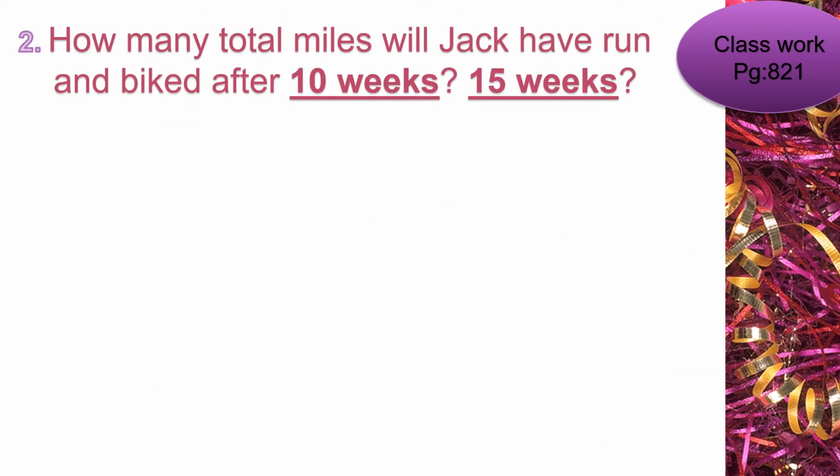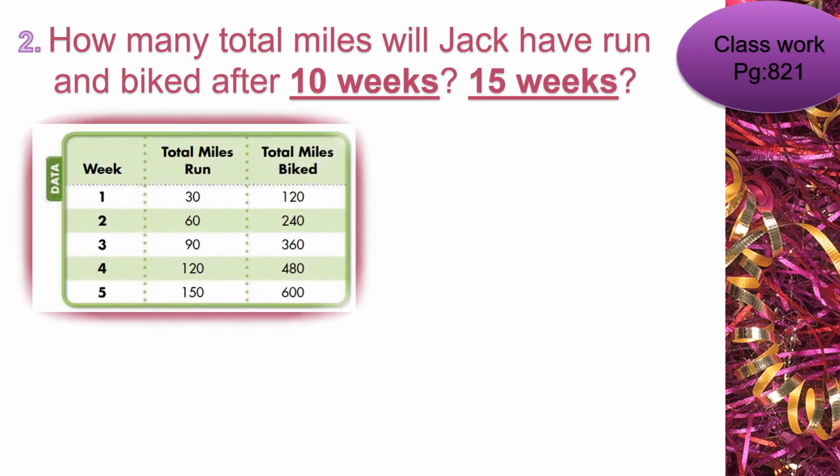Let's solve one more problem from your book. Question number 2. How many total miles will Jack have to run and bike after 10 weeks and 15 weeks? Let's look at the table carefully. How many miles will Jack run each week? Yes, 30.